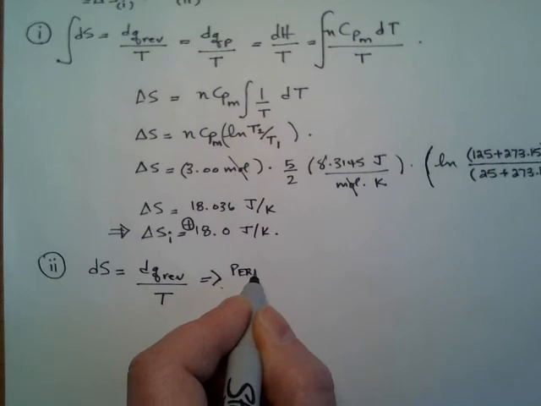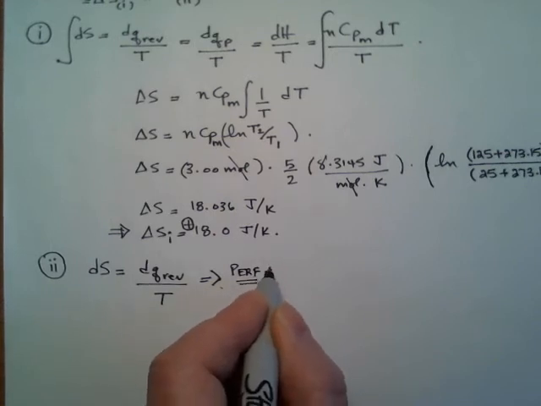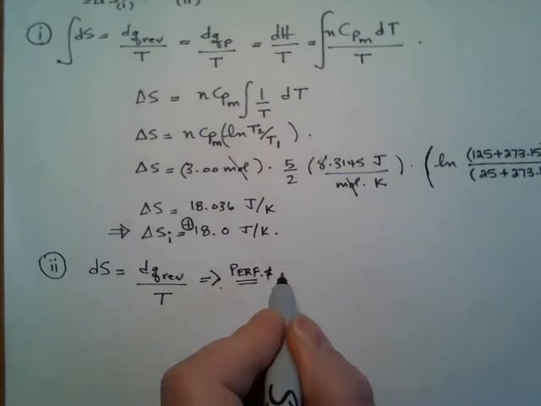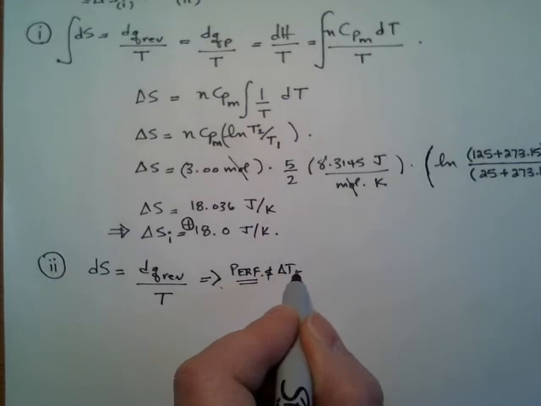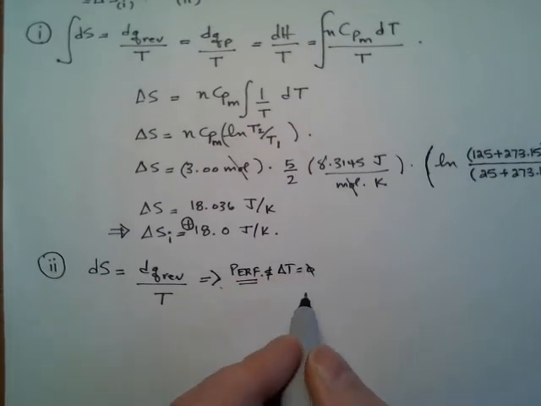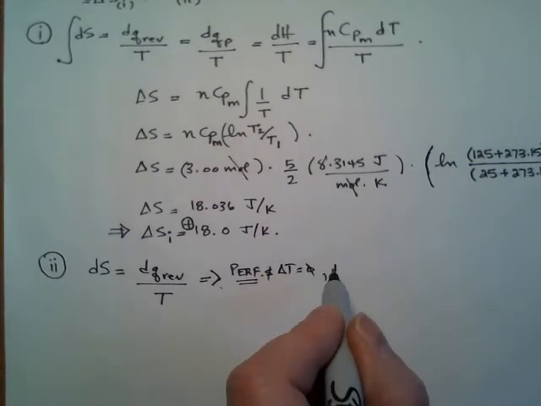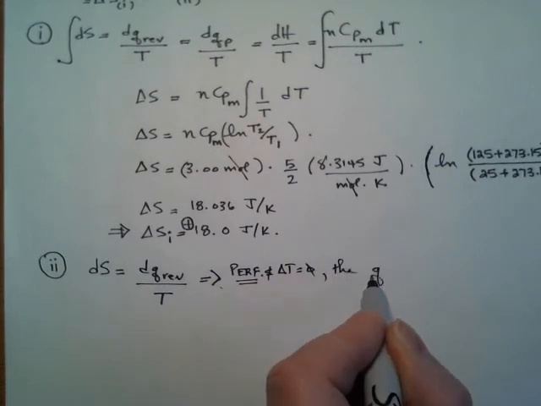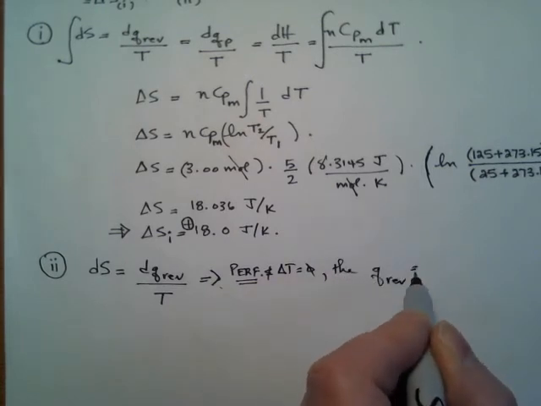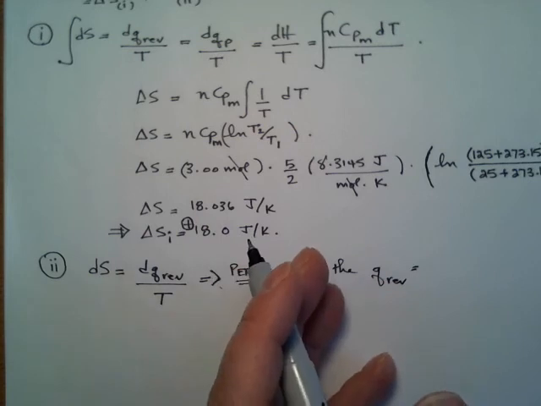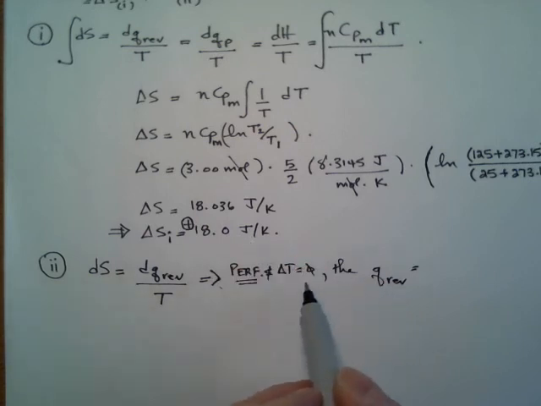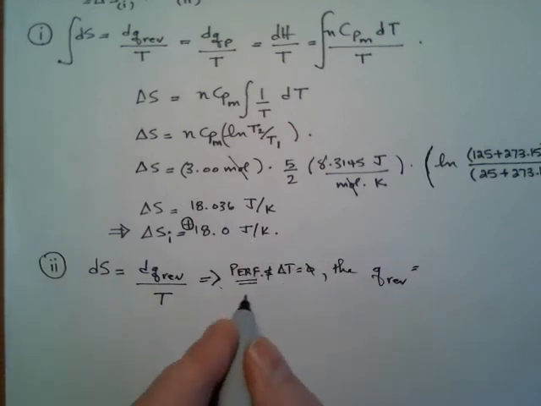Because it is perfect and isothermal, then my Q reversible, Q and W are equal and opposite, right? Because their sum has to equal 0.